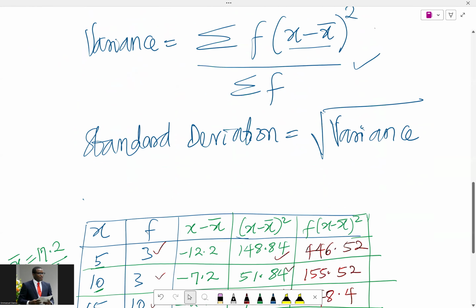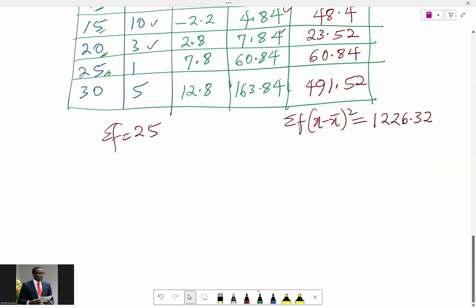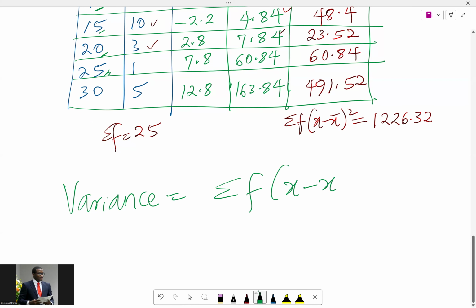Okay, so finally we can get the variance. Variance is the summation of f times x minus x bar all squared, divided by the summation of f.